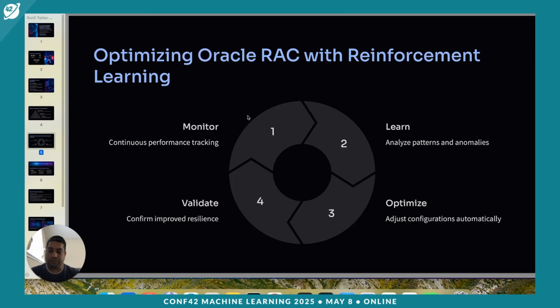Basically, there are four parts to it: monitoring, learn, optimize, and validate. To begin with, monitoring of the logs should be continuous performance tracking of each and every log, like when and what happens when the logs are generated, and what information is gathered.